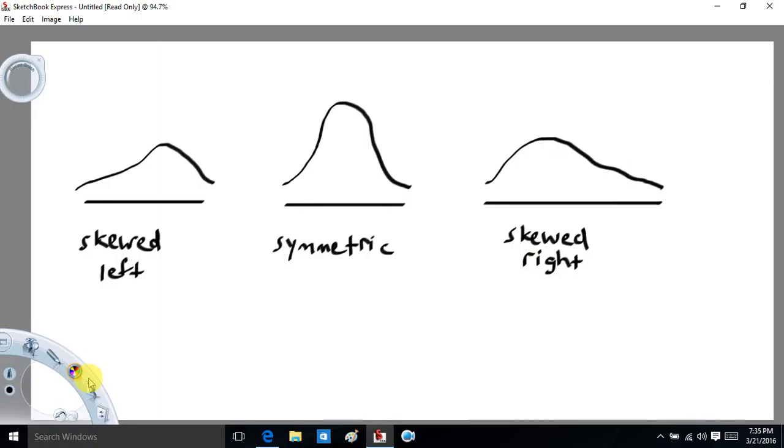Okay, so in each of these, I'm going to color code the mean. Okay, so this represents the mean. This line, and this represents the median.